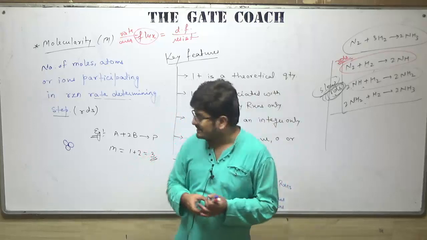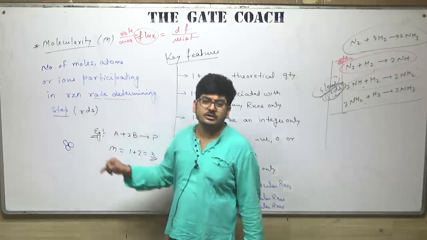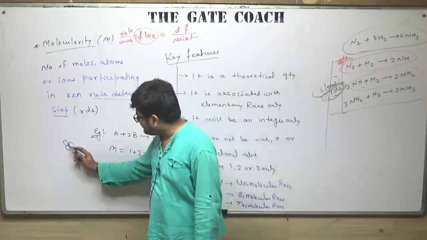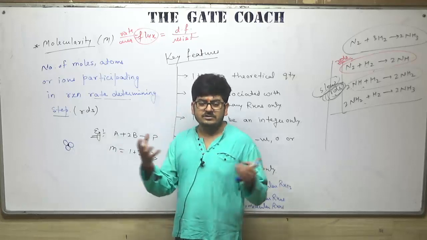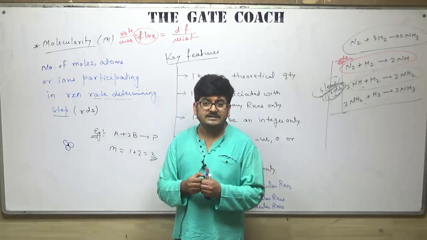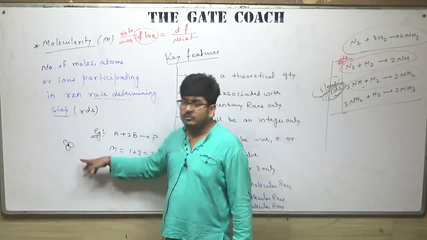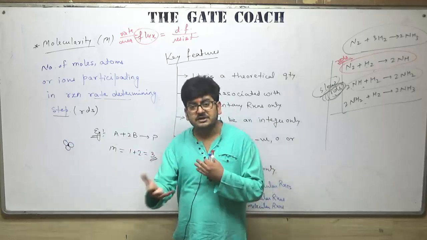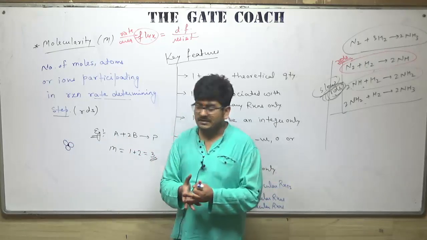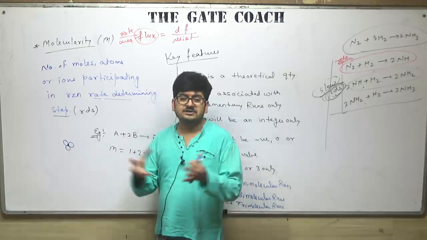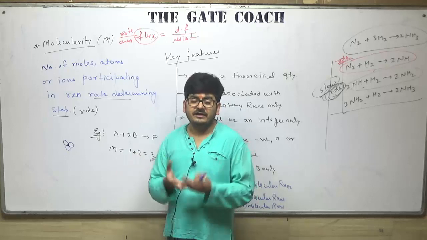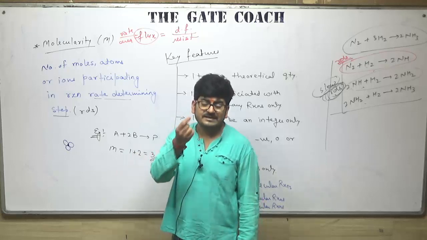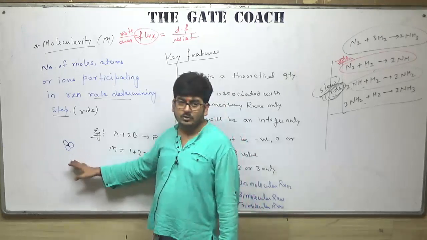Simultaneous collision means, let's say if I talk about these 3 molecules, at this point these 3 molecules are having simultaneous collision, means all these 3 molecules are in contact with each other simultaneously. All 3 molecules are touching each other, interacting with each other at a single point. So that is the collision theory.